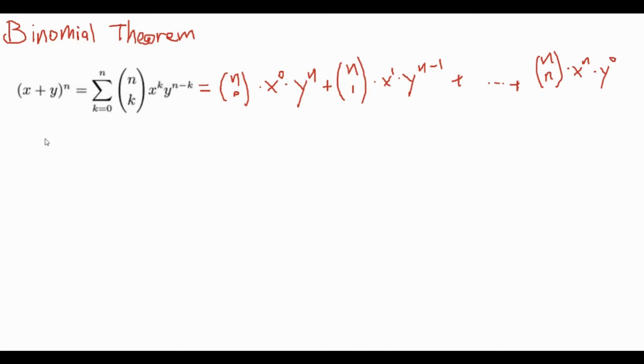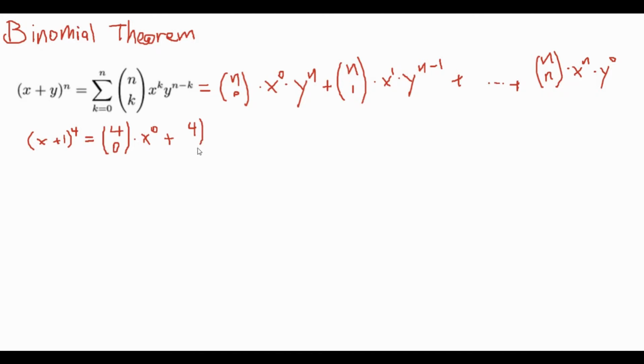So let's first look at an example. Let's try to expand (x + 1)^4. First we have the first term when k equals 0. So 4 choose 0 times x^0 times, well, y is 1, and 1 to the power of 4 is just 1, so we can leave it as it is.